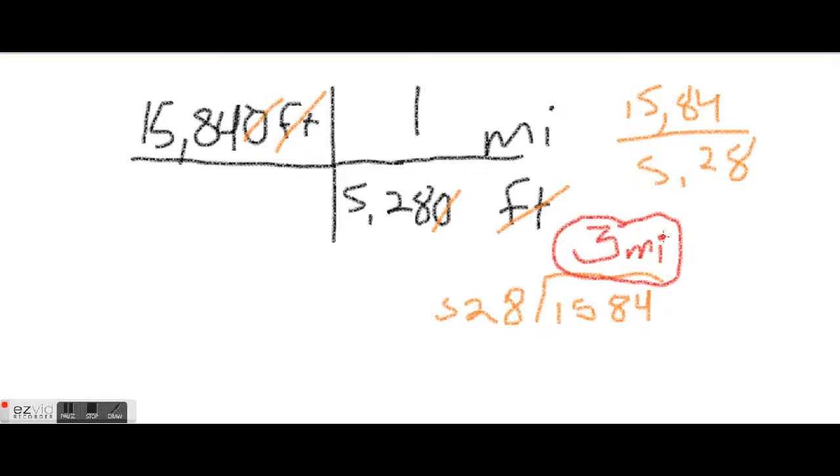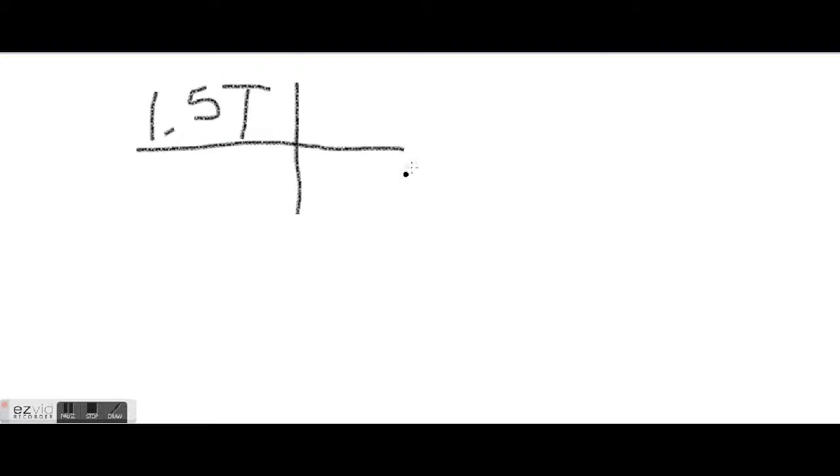Next problem. Next problem is we have 1.5 tons, right? So we want this in pounds. What we do know is there are 2,000 pounds in 1 ton. So all we have to do is multiply those two, right? Ton and ton cross out.